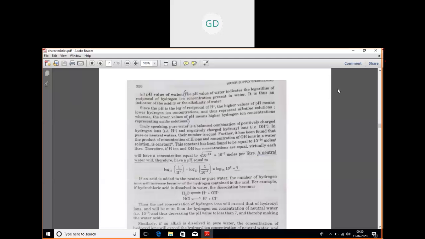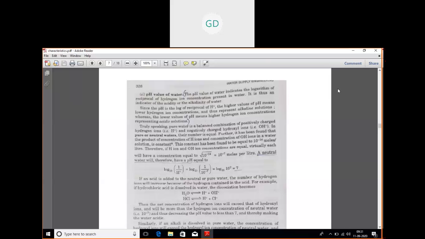If you are given a water sample and you measure the pH and get a certain value, reading that value you can say that the pH of this water is this much and the water is acidic, or the pH is this much and the water is basic or alkaline.